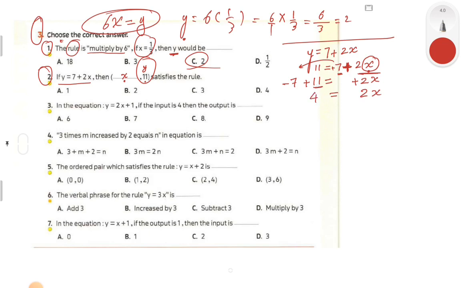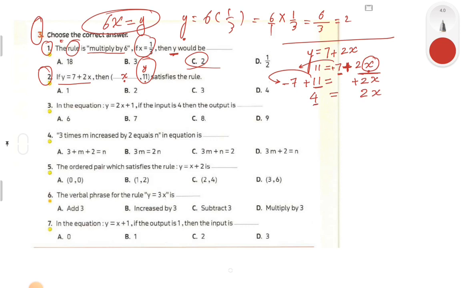In another shape, I can say that 11 minus 7, because 11 is positive and 7 is negative, I can say that 11 minus 7 equals 4.